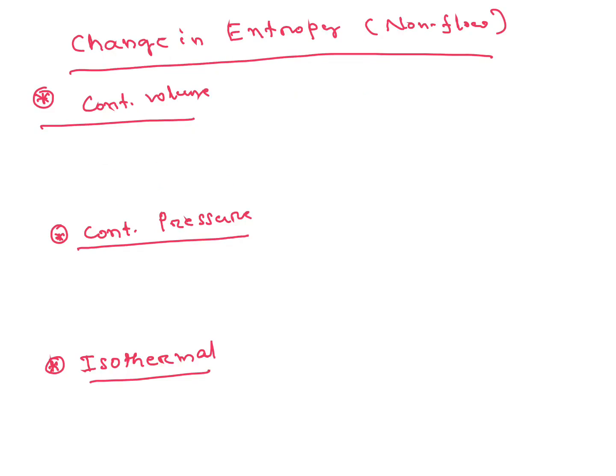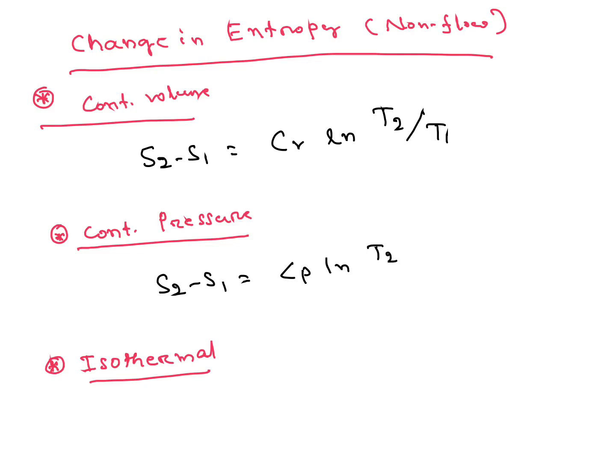Next is entropy change for non-flow process. Constant volume process: S2 minus S1 equal to Cv ln T2 by T1. And for constant pressure process or isobaric process, S2 minus S1 equal to Cp ln T2 by T1.